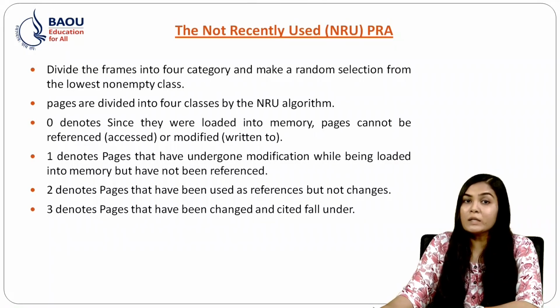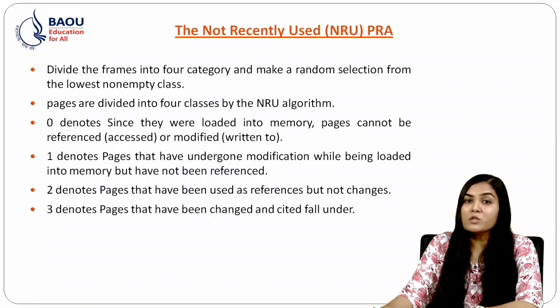Class 0 denotes pages that, since they were loaded into memory, have not been referenced or modified, or we can say written. And class 1 denotes pages that have undergone modification after being loaded into the memory but have not been referenced yet.